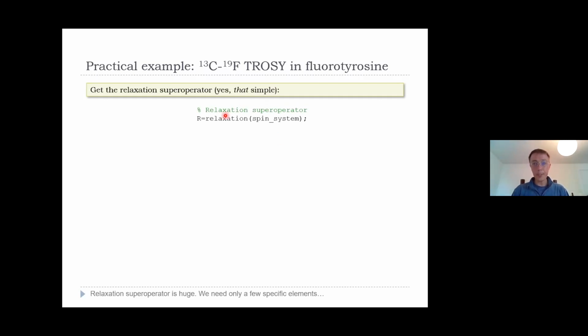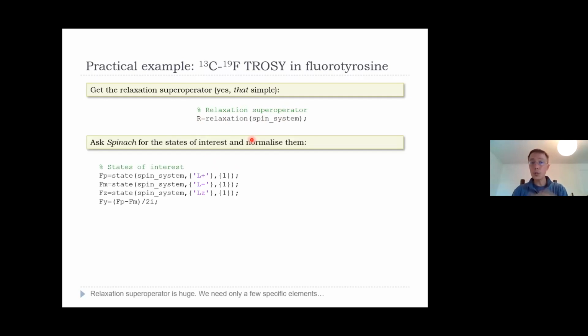But at the level of the user, you just say, okay, R equals relaxation of the spin system, and it returns the relaxation superoperator. And then we just want the elements of it. We want that relaxation rate, this relaxation rate, between various states. And for that, we need to get those states out. And well, we just ask Spinach.